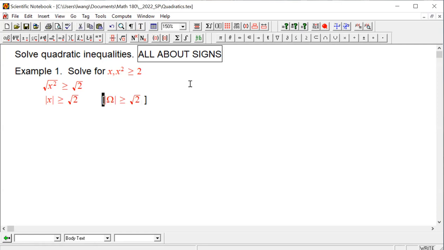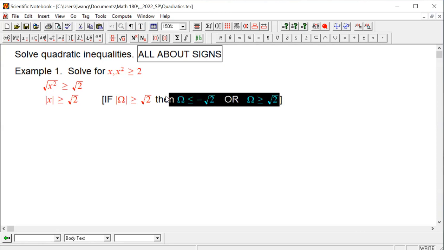So if this is true, then omega would be either less than or equal to negative square root of 2 or greater than or equal to positive square root of 2.